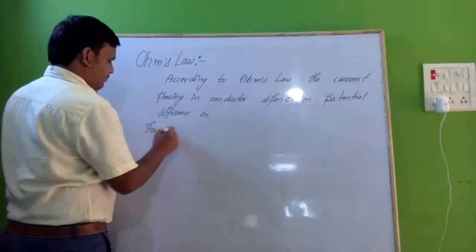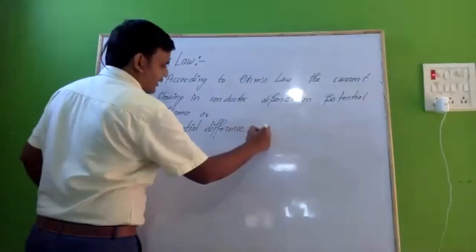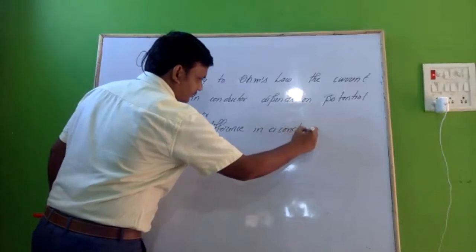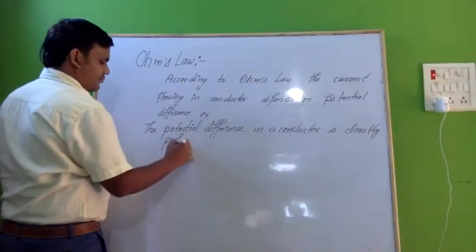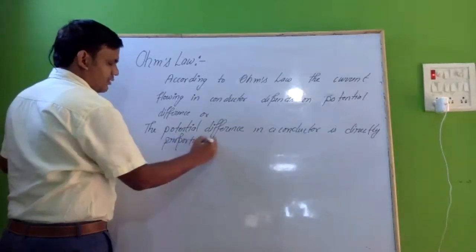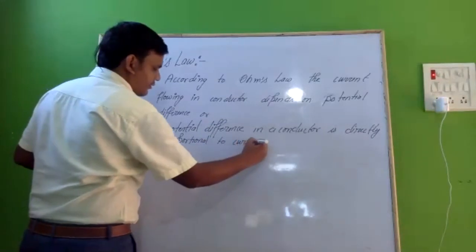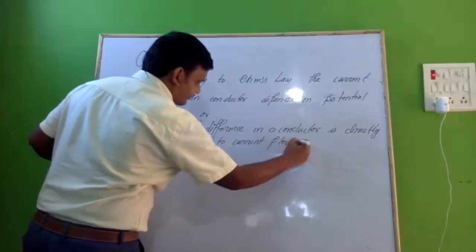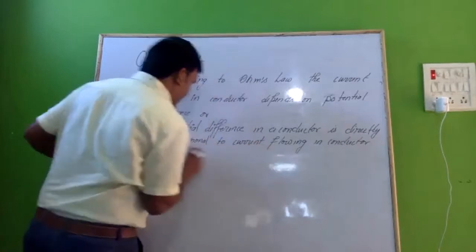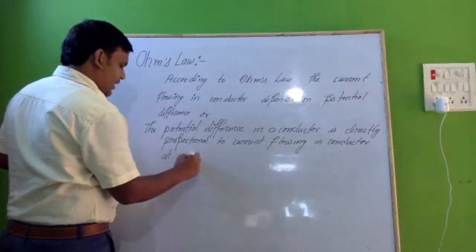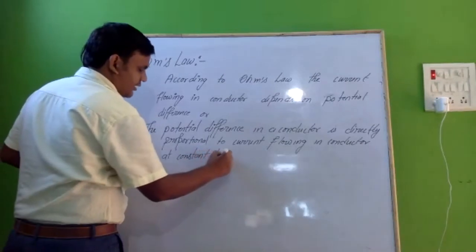Or the potential difference in a conductor is directly proportional to the current flowing in the conductor at constant temperature.